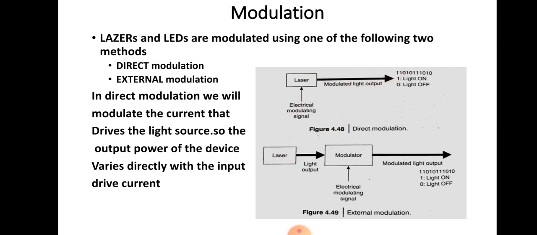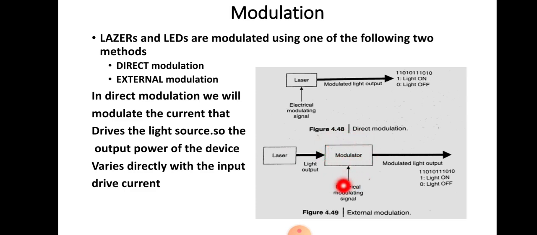And in the case of the external modulation scheme, we use an external modulator for modulation. That means we give the electrical modulating signal into the modulator, and the laser output also goes to the modulator, and the modulation process takes place inside this modulator.